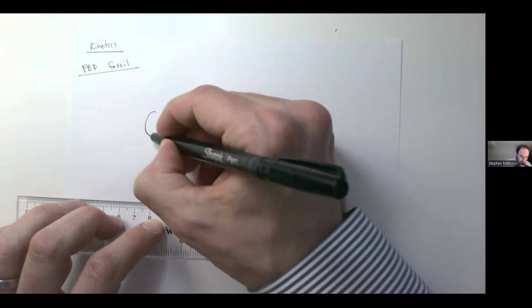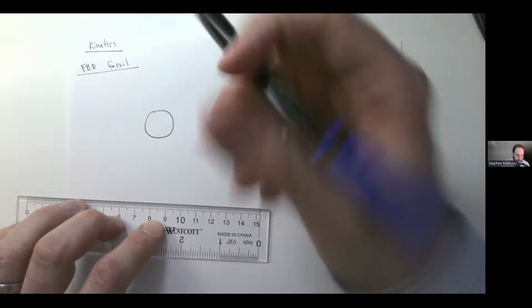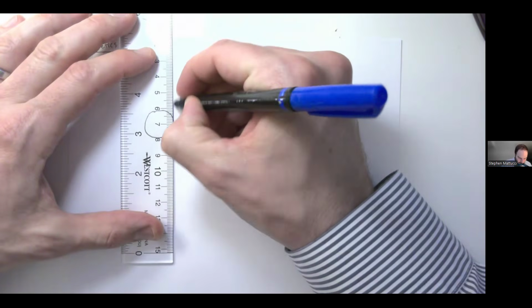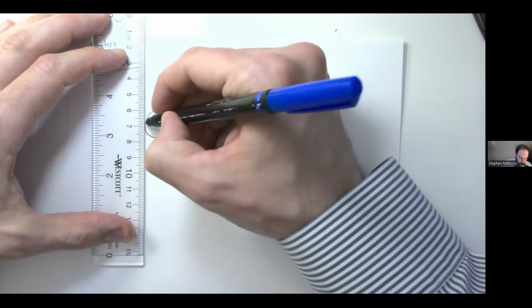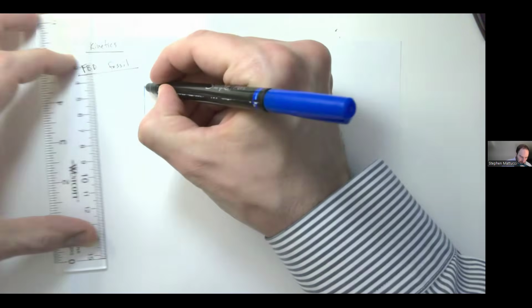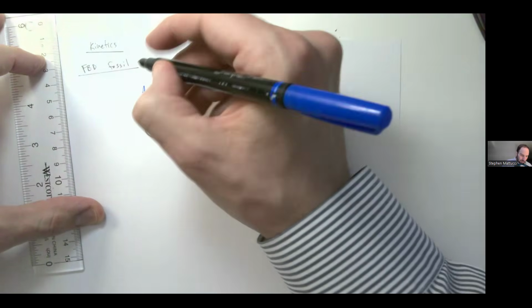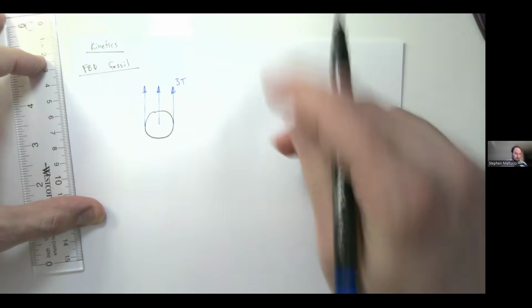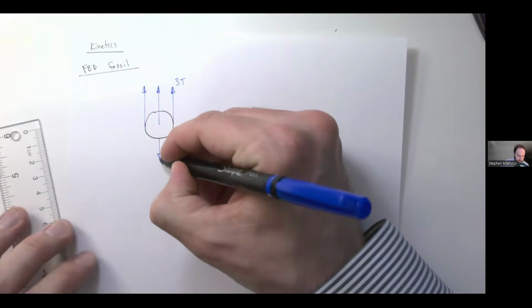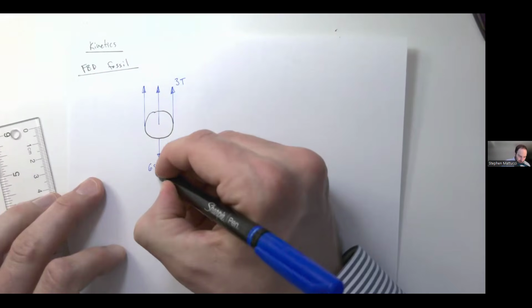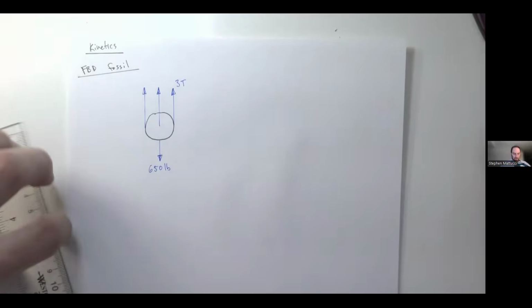So my fossil here, I've got a pulley. Pulley's going to have 3 times the tension and 650 pounds acting down.